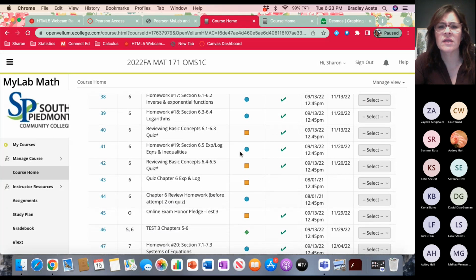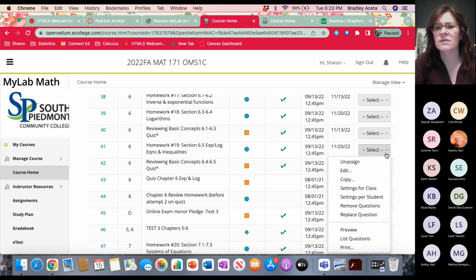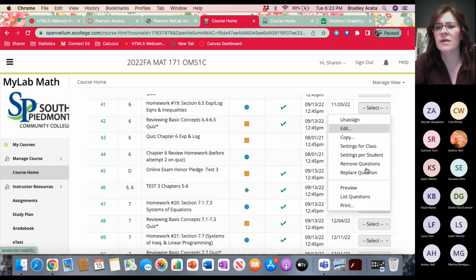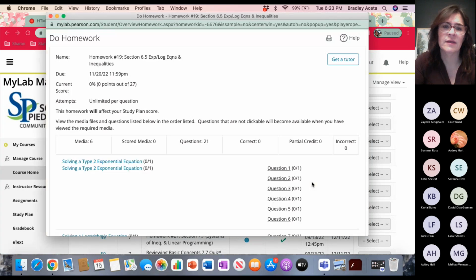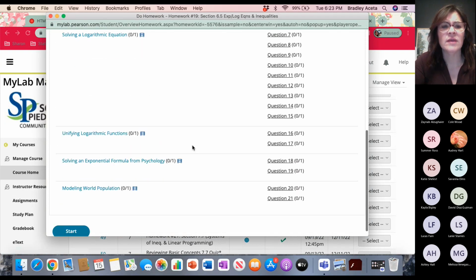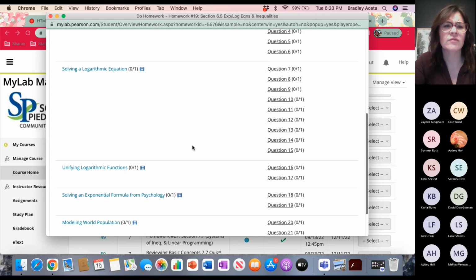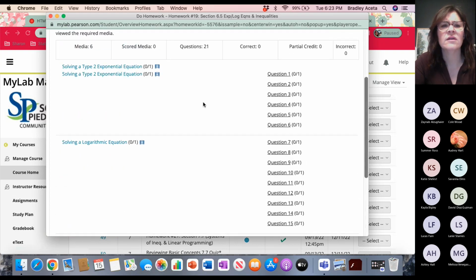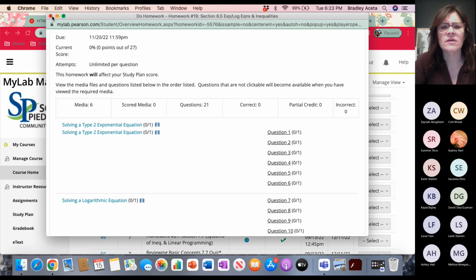It's this one right here, I believe, right? Yes. Let me preview. And I think it actually still makes me graph them. Solving logs. No, you don't want to, that's going to be homework tonight.